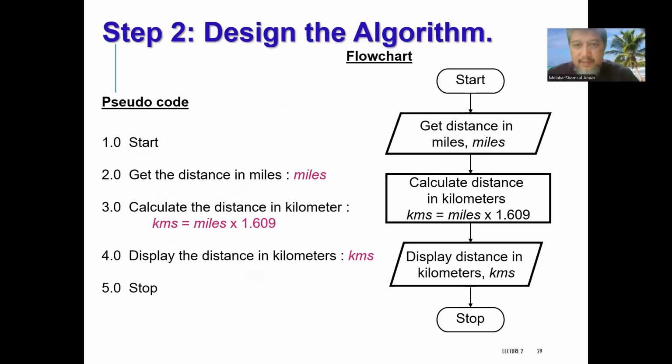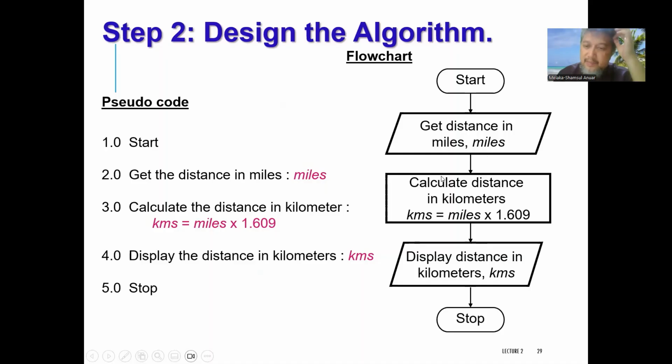And for that exercise, we can do the planning using a flowchart. The flowchart will be something like this. Getting the information, we'll use this skewed box, getting the input value, and then do the calculation.